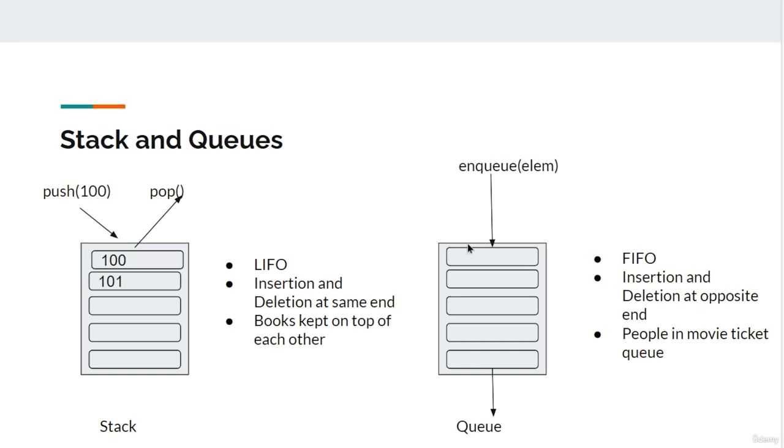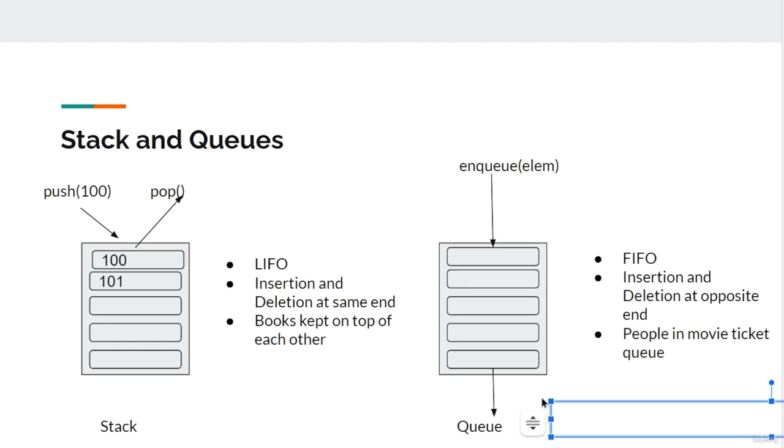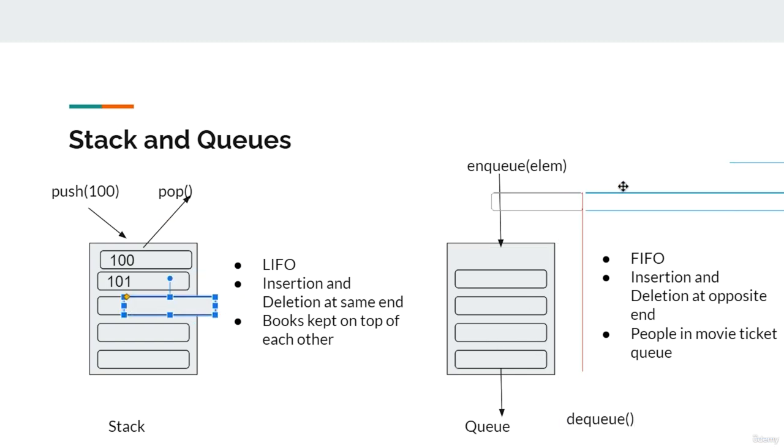After calling an enqueue method, that element will be added at the last of the queue. And then we have a dequeue method. When the dequeue method is called, whatever element is at the front of the queue will be removed from the front of the queue.